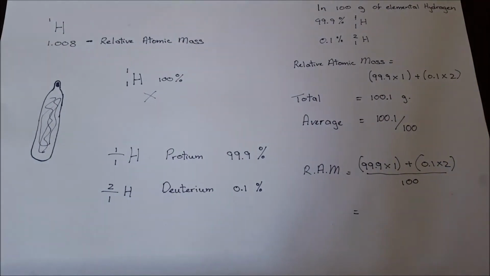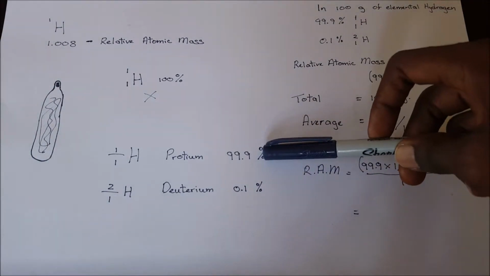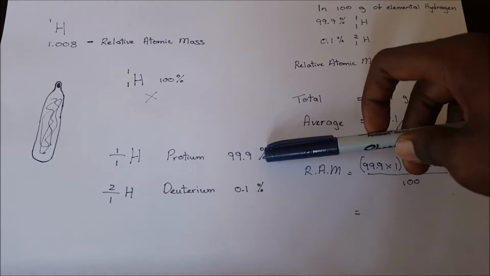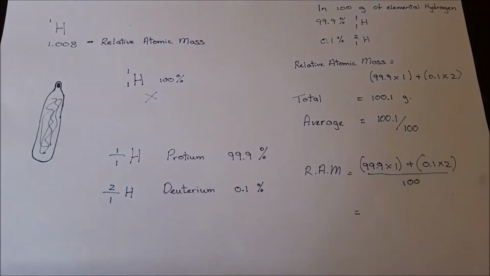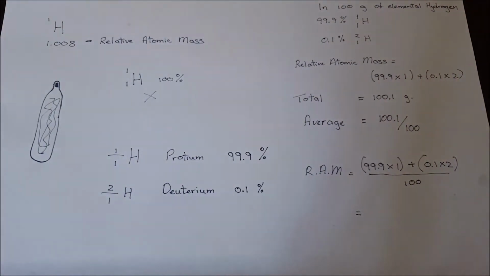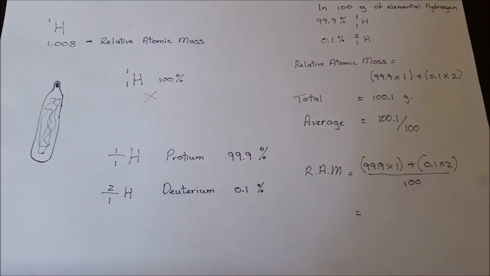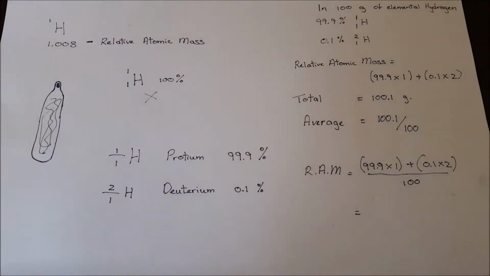For example, we have protium, which is found in nature 99.9% of the times that you find a wild hydrogen. Yes, guys, Pokemon reference. You find a hydrogen, 99.9% of the time it is protium. The other 0.1% of the time, you will find deuterium. It's as simple as that.